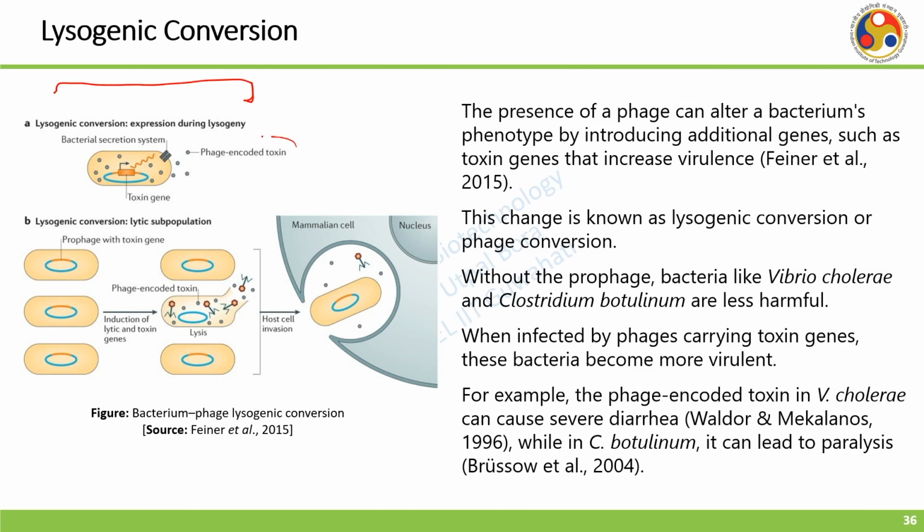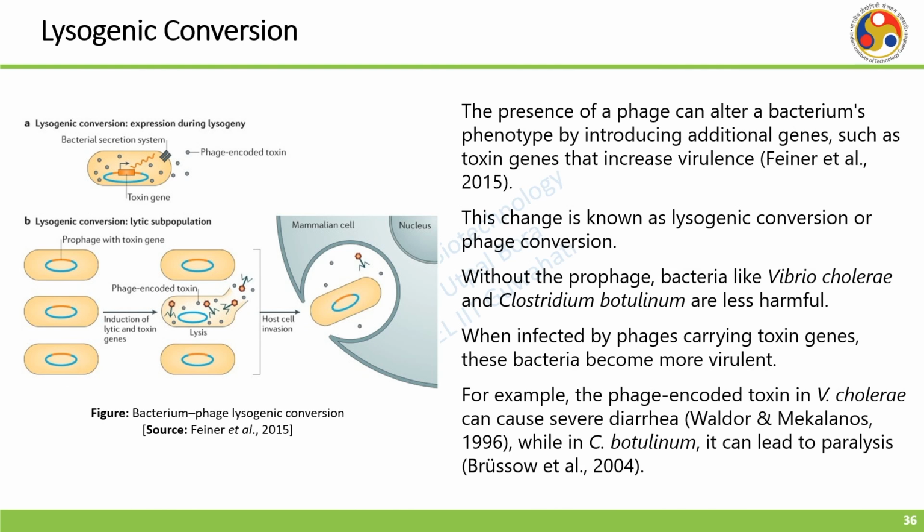So, here you can see the lysogenic conversion expression during lysogeny. This is a phage-encoded toxin which is coming from the viral genome. This is the bacterial genome into which the viral genome has got integrated along with the toxin gene.